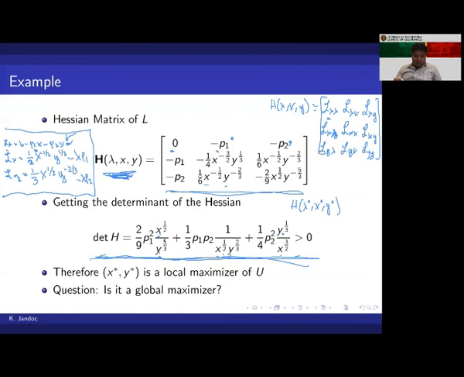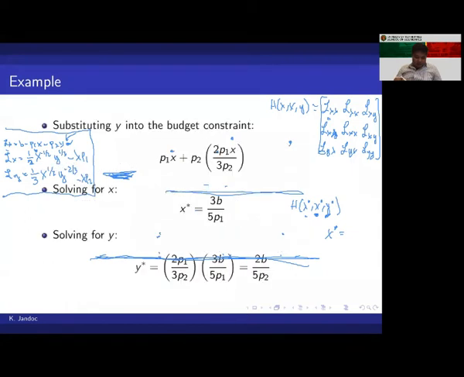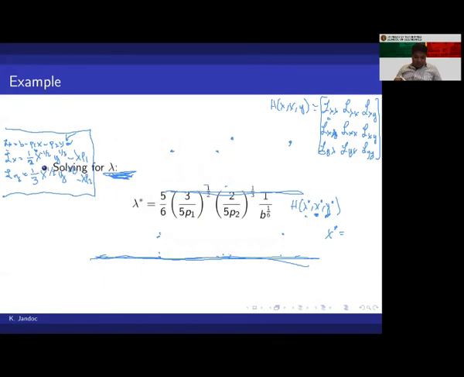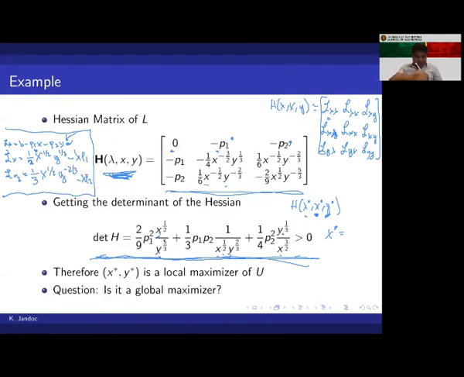Well, the correct way to do this is to substitute the x and y with x star and y star. So you have x star and y star from a while ago, which is, let's just go back, x star equal to 3b over 5p1, and y star equal to 2b over 5p2. Okay?